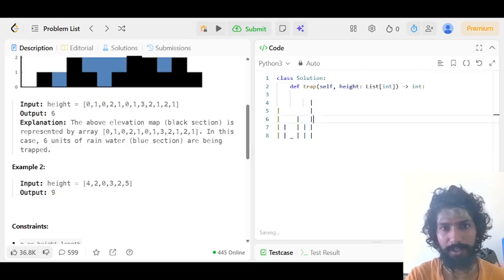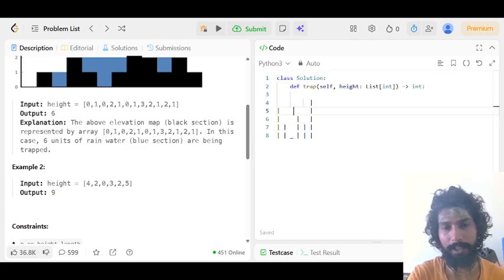So here we can see 2 units will be filled. These 2 units plus 1 unit here. So these 3 units, this 1 unit will be filled. Then this 3 unit will be filled. So 3 plus 1 is 4. Then 1 unit here will be filled. That is 5.